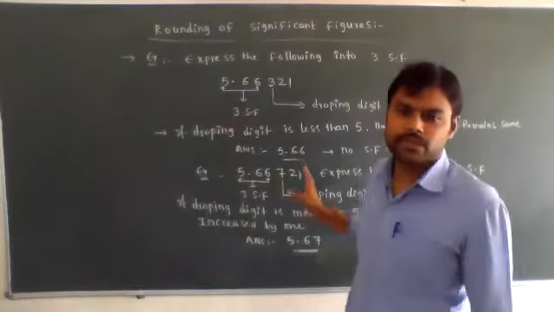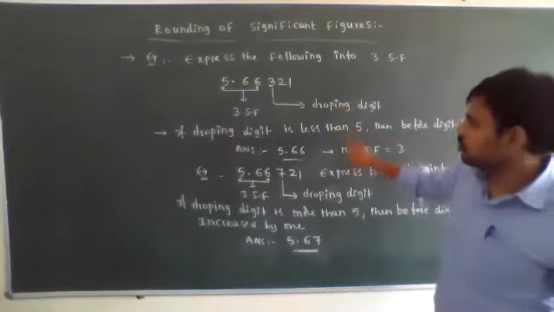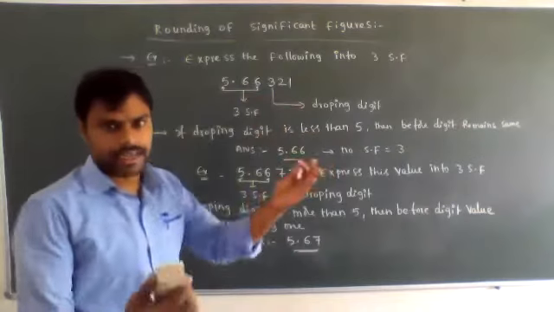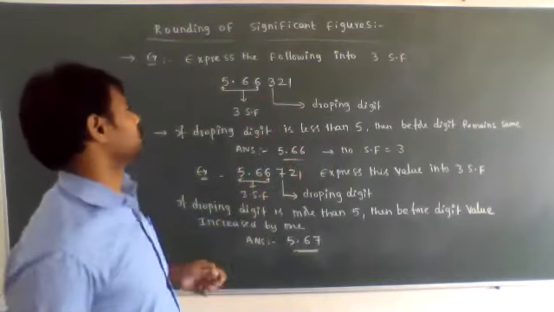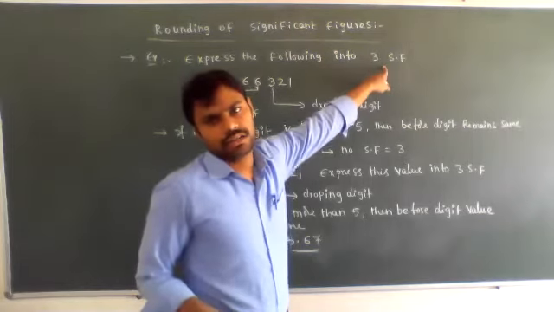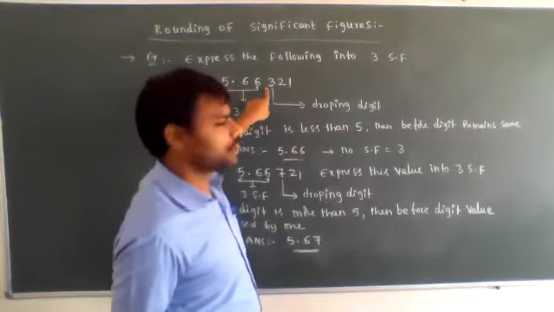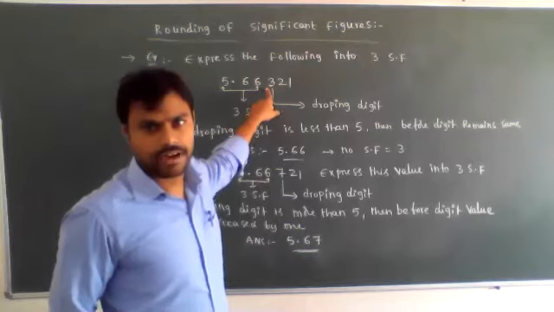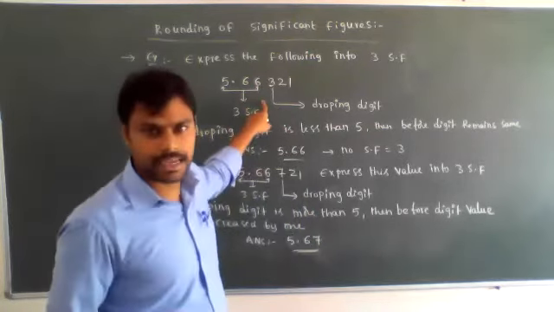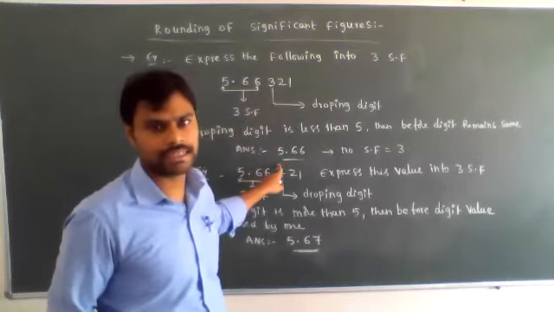So these are the two important rules for rounding of significant figures. One rule: up to which value they need the rounding off, for example 3 significant figures, then you check the fourth digit. If that digit is less than 5, the before digit remains same, then you write the resultant value.